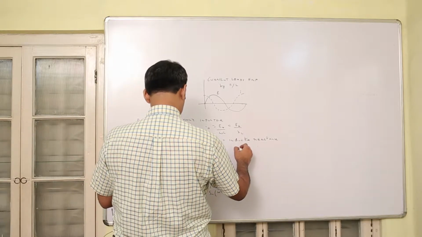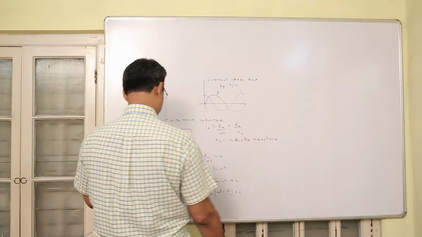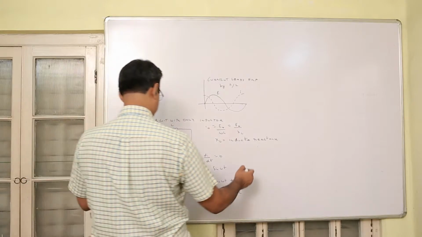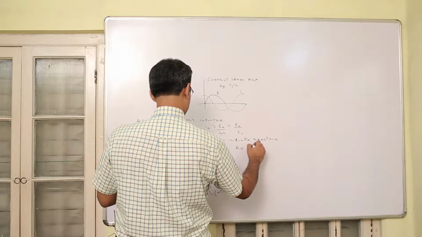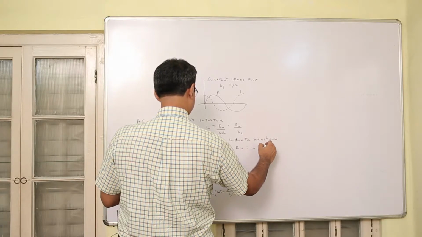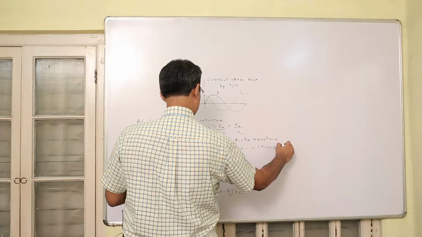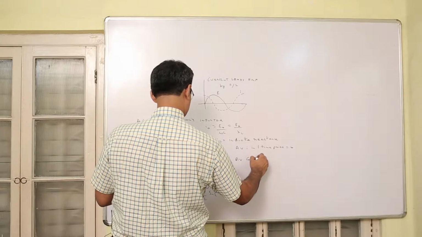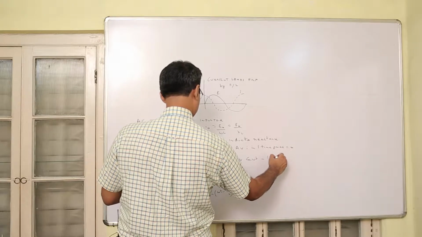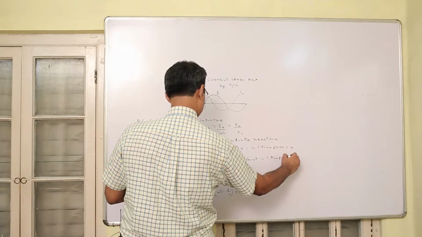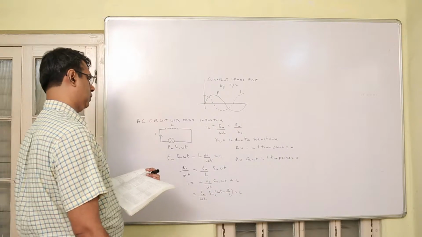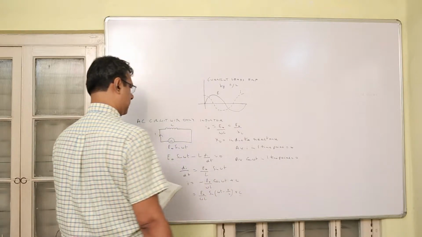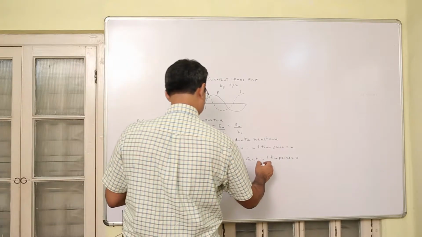And one more thing is, in order to find the value of the constant C, we can use the fact that the average of I in one time period is 0, and the average of cos omega t in one time period is also 0.